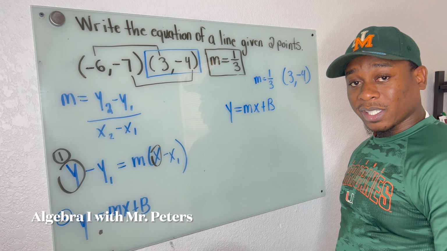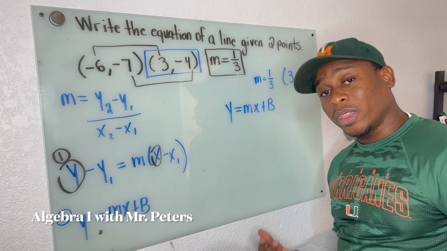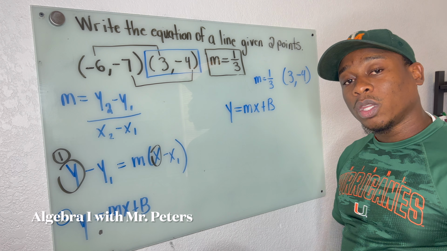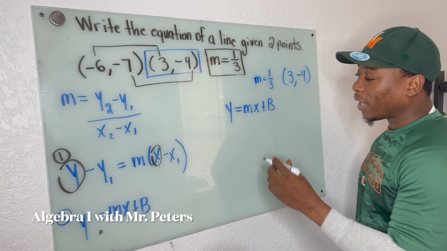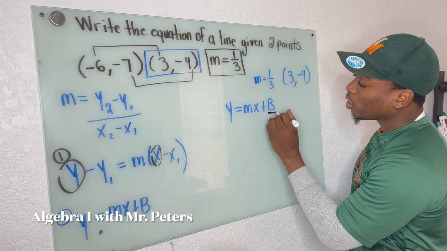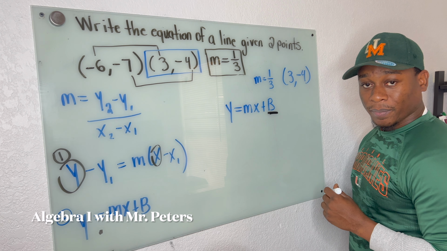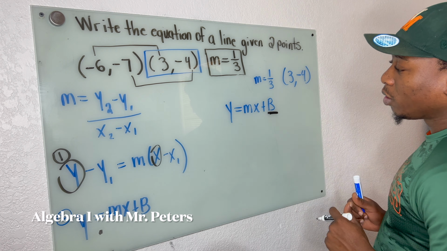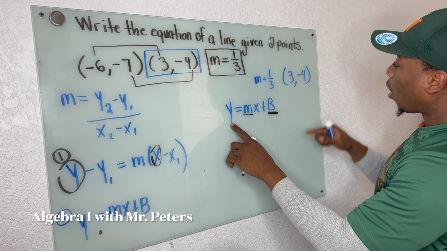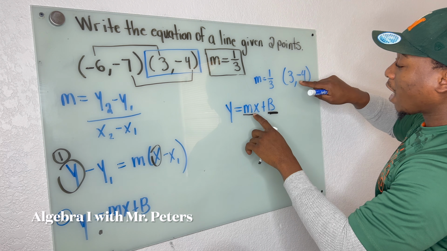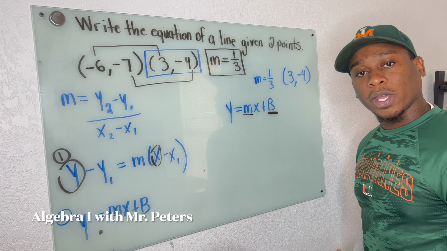So understand, guys, in this process, what we're looking for is our b. We're looking for the y-intercept so that we can finish the equation, right? So what we're going to do is substitute our slope, our y term, and our x term. So let's go ahead and do that.